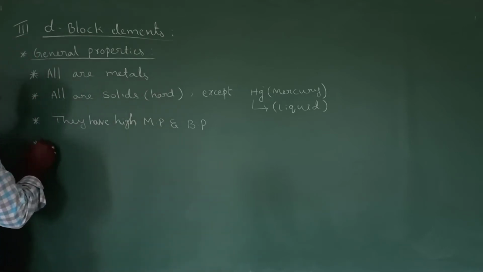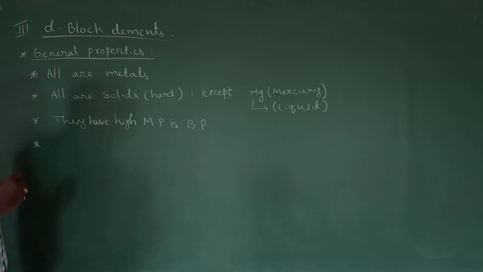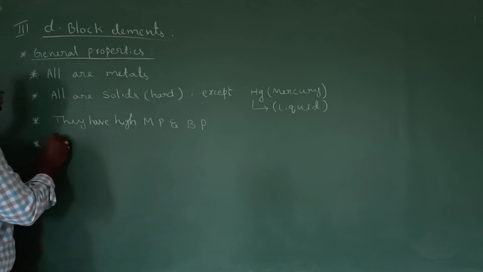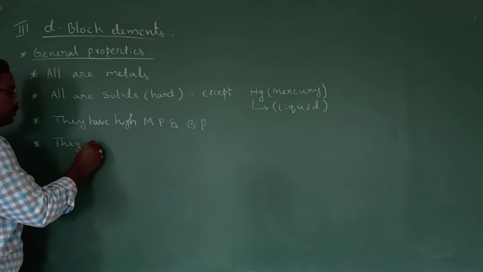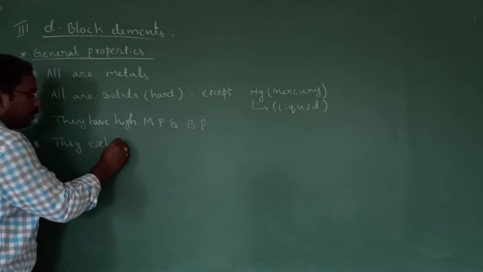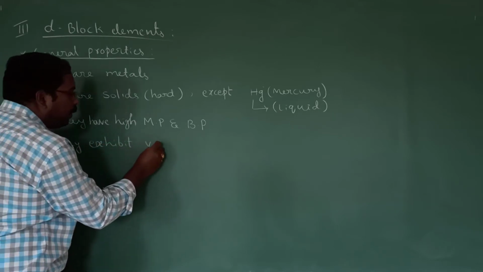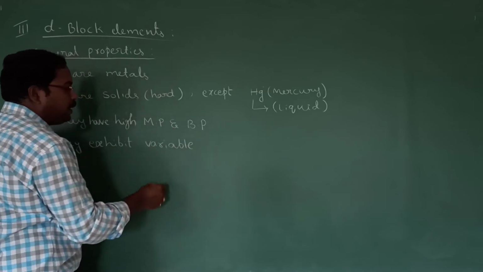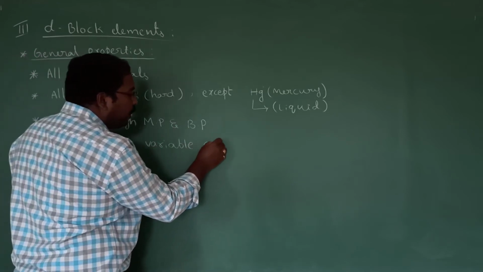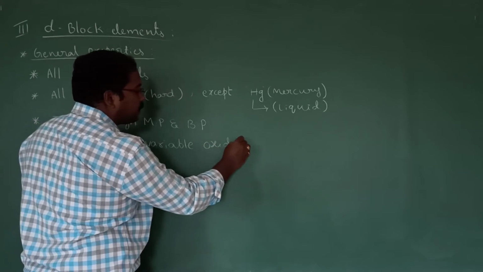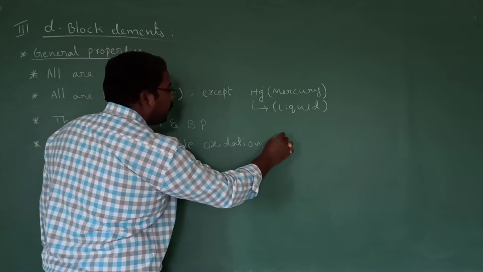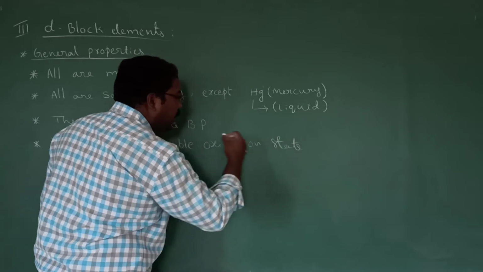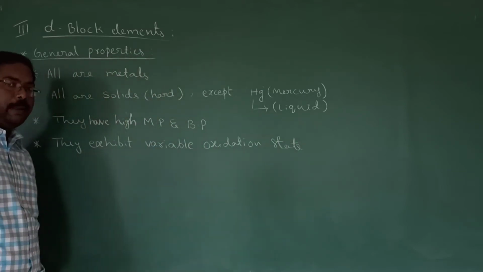Coming to the other important property of these D block elements, they exhibit variable oxidation states. D block elements exhibit variable oxidation states. This is one of the important properties of D block elements.